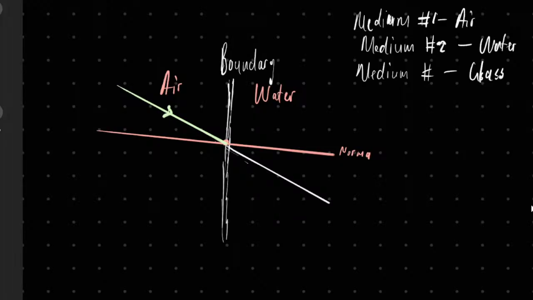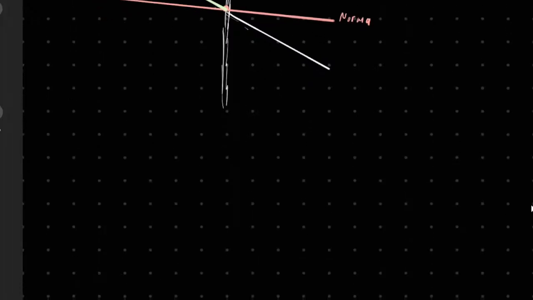You just need to know that, for example, this is air to water. Water is more dense than air. If we are using optical density, we say air is the least dense. Then there is water. It is more dense than air, but it is less dense than glass.